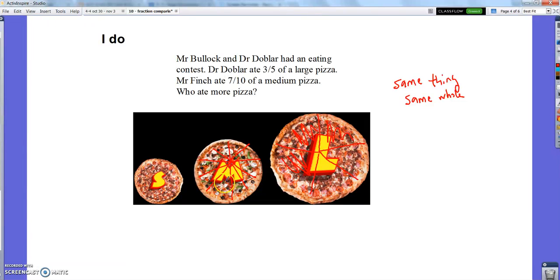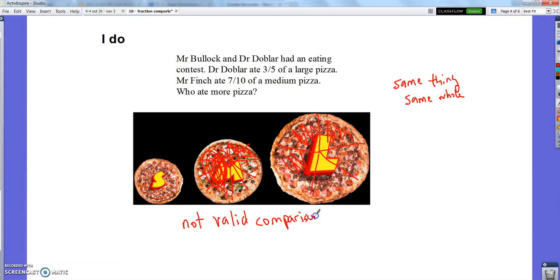Yeah, you get the idea. He ate like 7/10. And you can't compare that. They're not the same size pizza. They're not the same whole. So really, using fractions to compare things, we would say this is not a valid comparison.